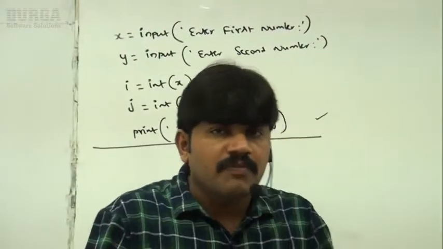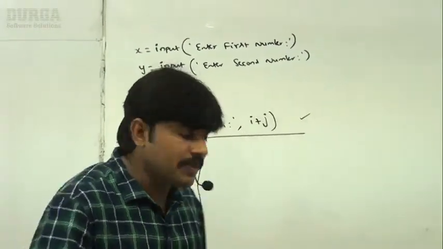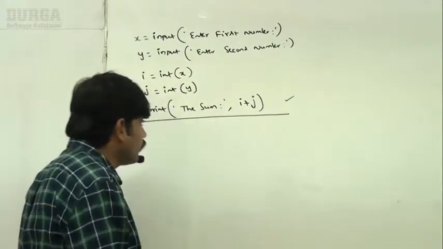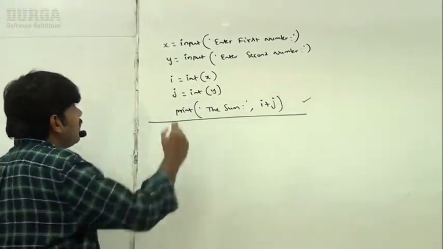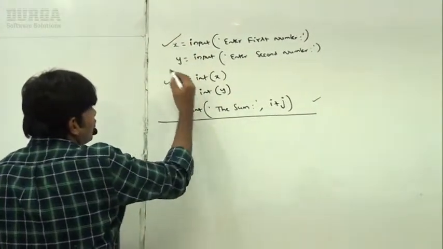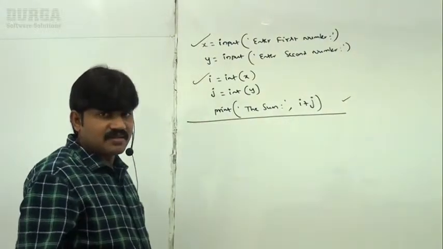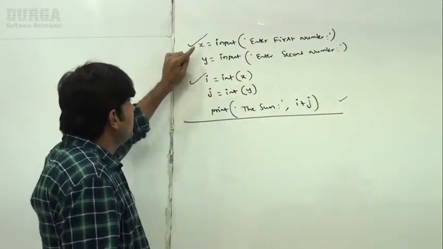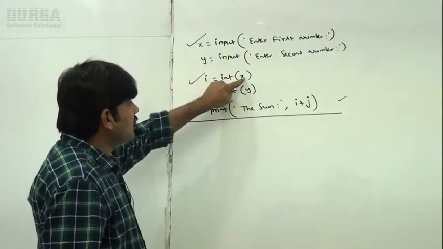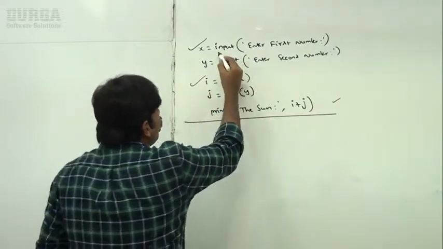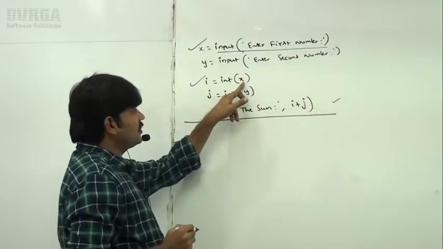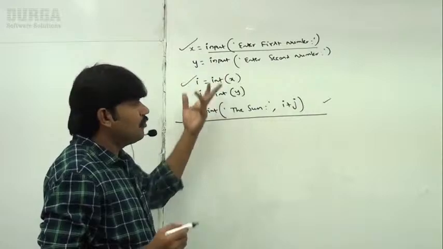Now I want to simplify this code so that you come to know good programming practices, sir. Can I combine this line and this line into a single line or not? Yes, it is the most commonly used approach. So instead of this x, we can take this total. Possible, right?